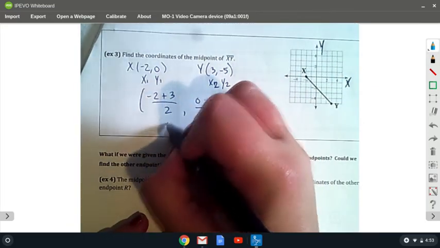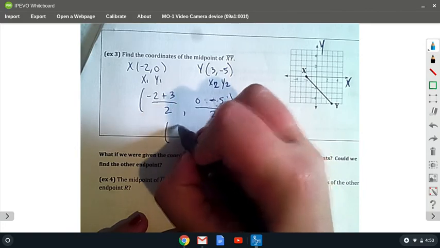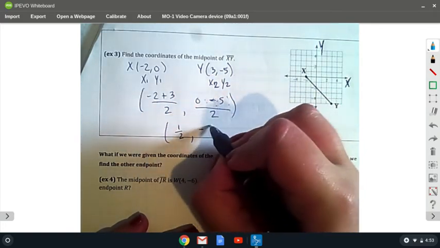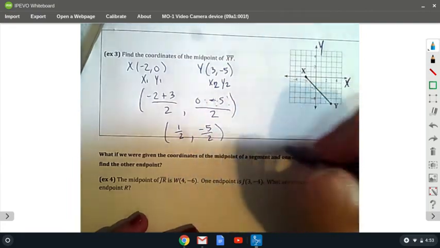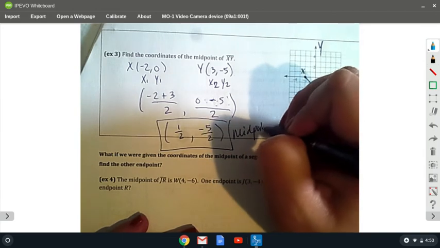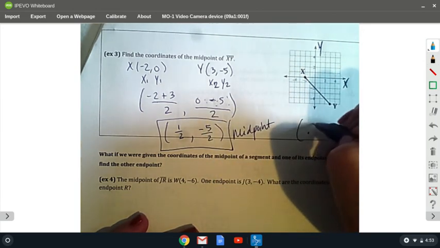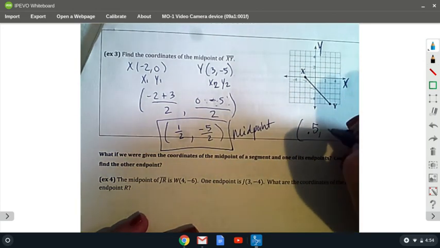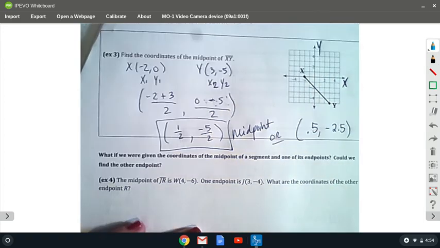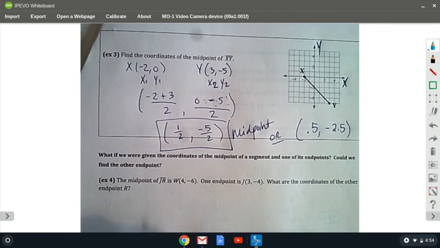Now I'm going to simplify. -2 plus 3 is 1, so 1 over 2. And 0 minus 5 is -5 over 2. I'm okay with you leaving this as your midpoint answer. I'm also okay if you change it to decimals, so that would be 0.5 and -2.5. Either one works with me.